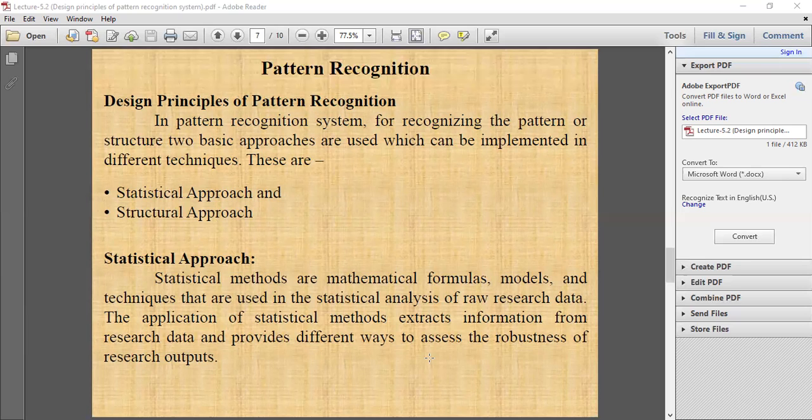Statistical approach: statistical methods are mathematical formulas, models, and techniques that are used in statistical analysis of raw research data. The application of statistical methods extracts information from research data and provides different ways to assess the robustness of research output.